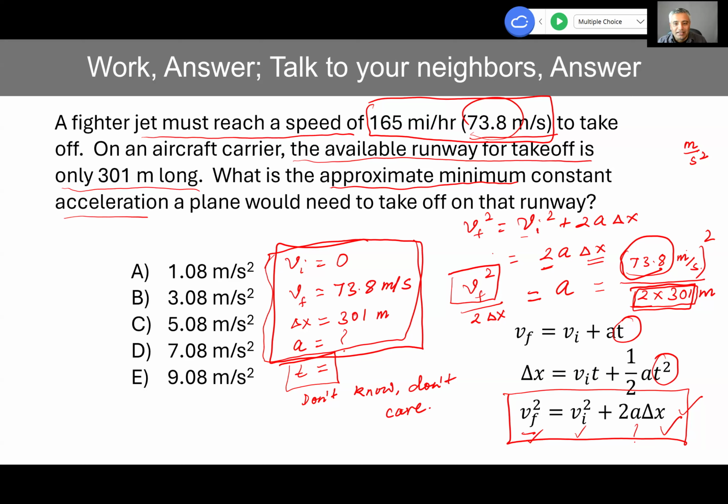So that's the beginning. And there are solved problems in our textbook, which is OpenStax. So there are solved problems there. Look at the problem, do not look at the solution, solve it, find the answer, see if the answer matches with yours. Okay, so that's how you want to practice.